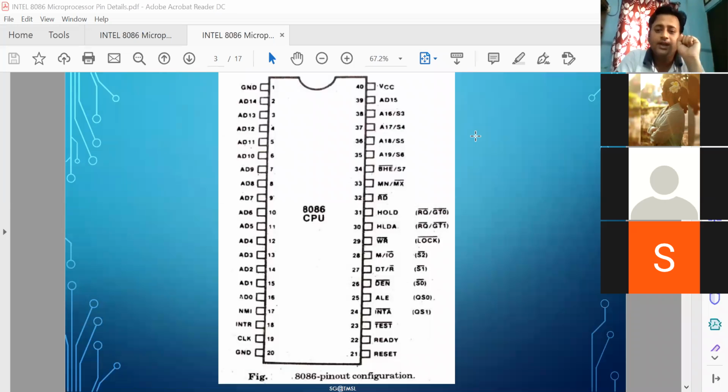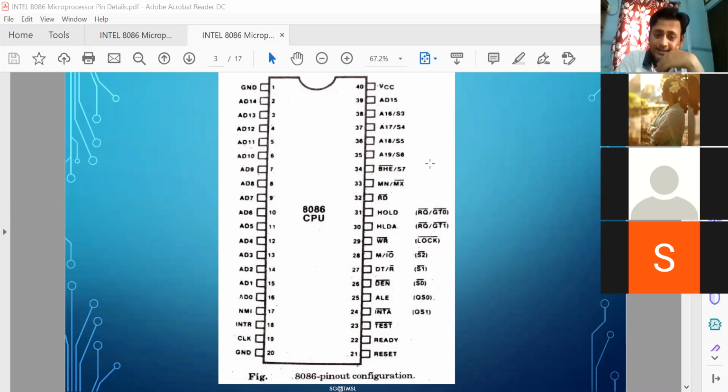RQ/GT0 always has the highest priority compared to RQ/GT1 bar. If two signals are coming through these two pins at a time, only one is connected to the first master, the first microprocessor, and that is used to perform the DMA operation. The operation is the same as the hold part.